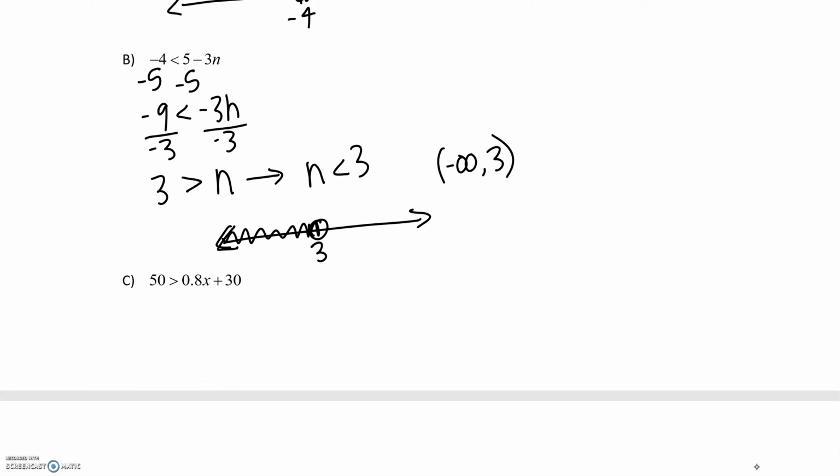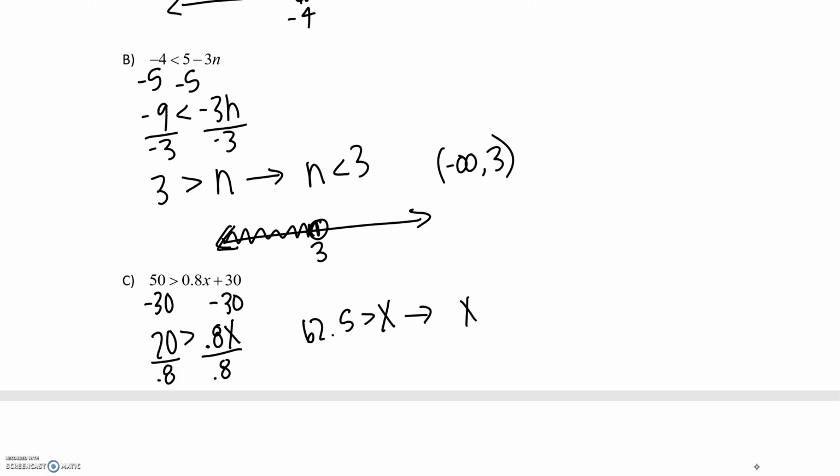Okay. Our next one doesn't look like it gave you very much room. So we have subtract 30 from both sides. That leaves us with 20 is greater than 0.8x. If we divide both sides by 0.8, that gives us 62.5 is greater than x, and if we switch that around, that gives us x is less than 62.5.